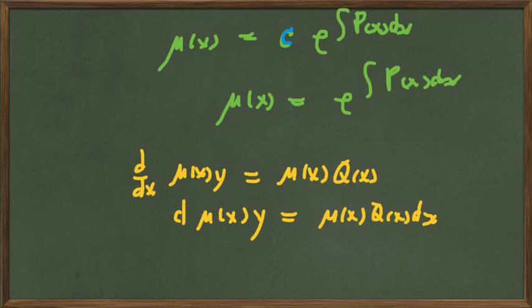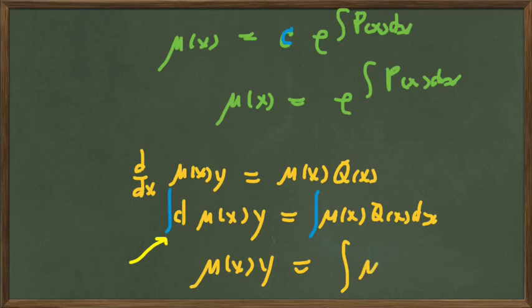Then integrate both sides of the differential equation. And on the left-hand side, we just have the integral of the derivative, and so the integral and the derivative just undo each other, and on the left-hand side we just have mu of x y, and on the right-hand side we're left with an integral, mu of x q of x dx.